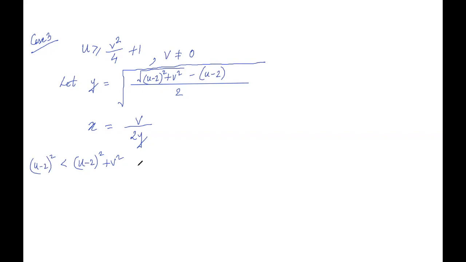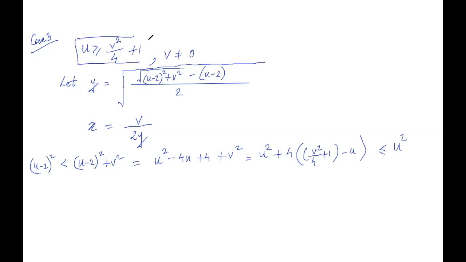Now here our v is not 0, and this is equal to u square minus 4u plus 4 plus v square, which we can write as u square plus 4 times v square by 4 plus 1 minus u, and which is strictly less than u square because of the condition that we have chosen in our case 3. So this applies here.